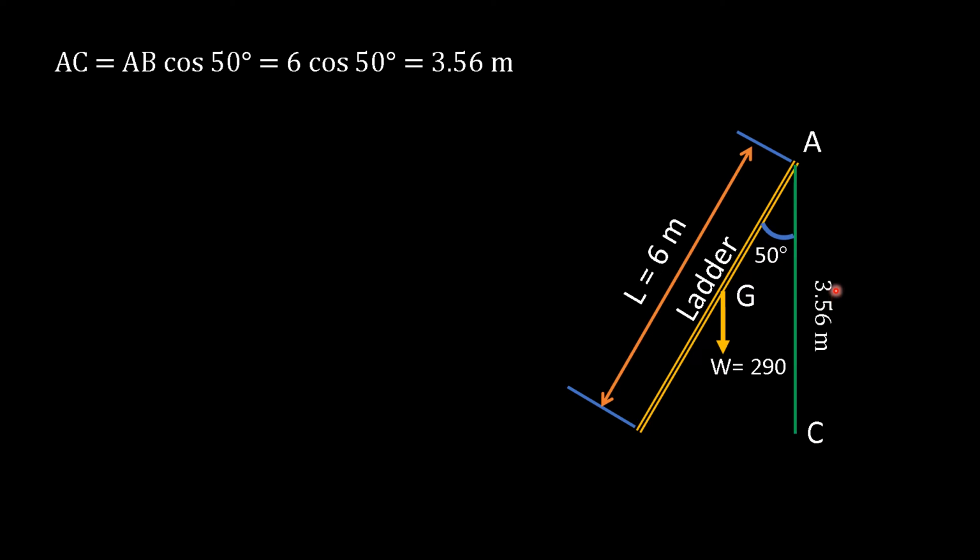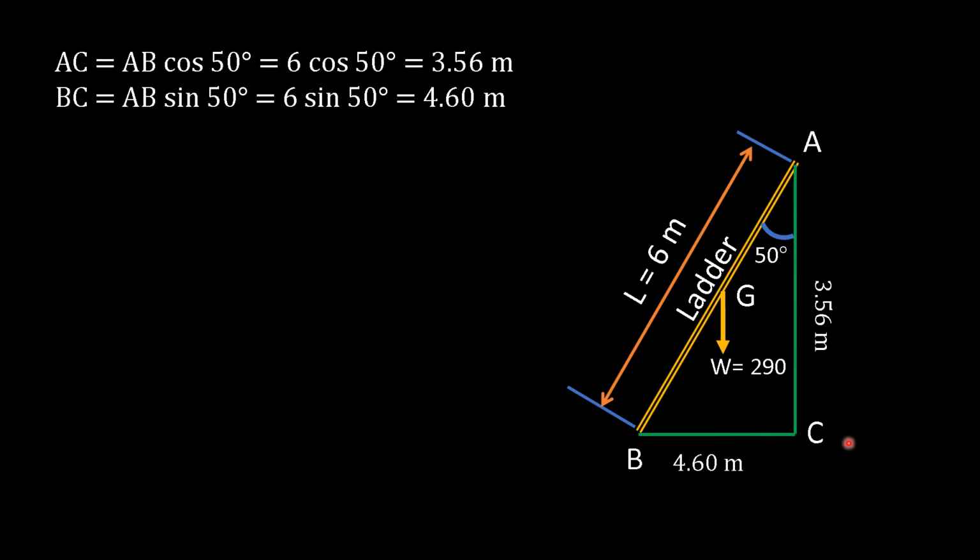Now we shall find lengths of moment arms that we shall need. AC equals AB cos 50, which equals 6 cos 50, that will be 3.56 meters. BC is AB sin 50, which will be 6 sin 50, that will be 4.60 meters.